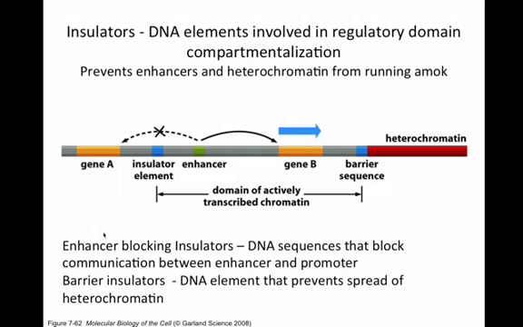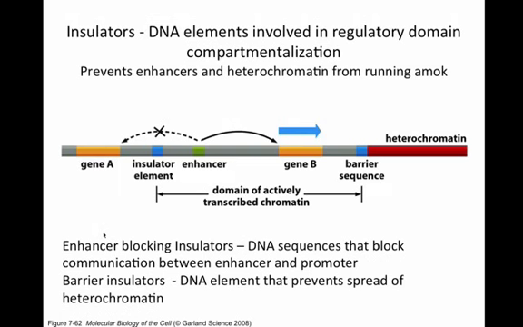Okay, that was the quandary. And the way it's solved is there are DNA elements called insulator elements, and there are two types. Some are enhancer blocking insulators that will prevent an enhancer from acting on a gene. Another kind is a barrier insulator, which will prevent spread of heterochromatin.